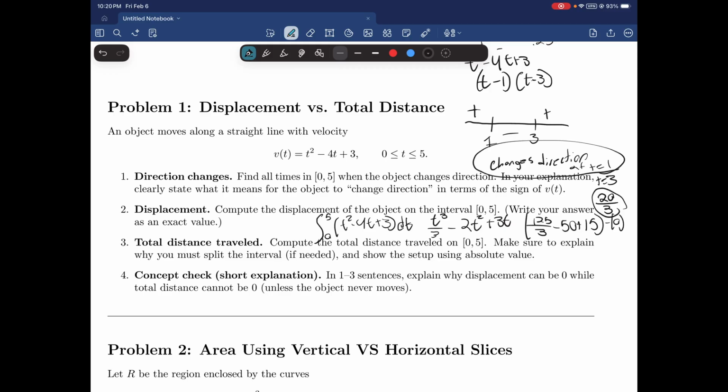There's number 1. Total distance traveled: compute the total distance traveled on the interval 0 to 5. Make sure to explain why you must split the interval if needed and show setup using the absolute value. Yeah, you're definitely going to have to split it up because of the sign chart.